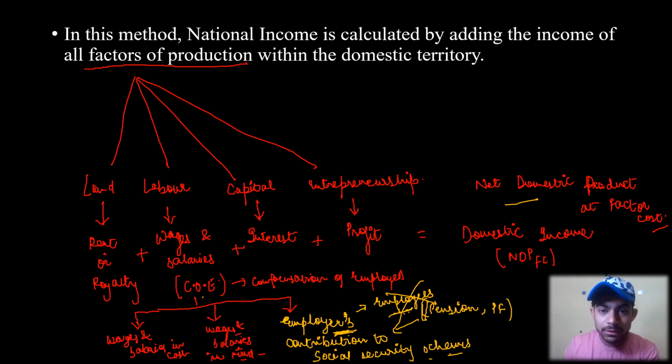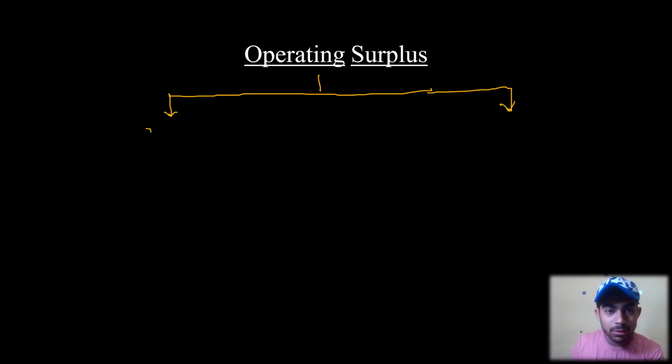Now here comes one more term in this income method, that is operating surplus. Operating surplus is the sum of income from property and income from entrepreneurship.